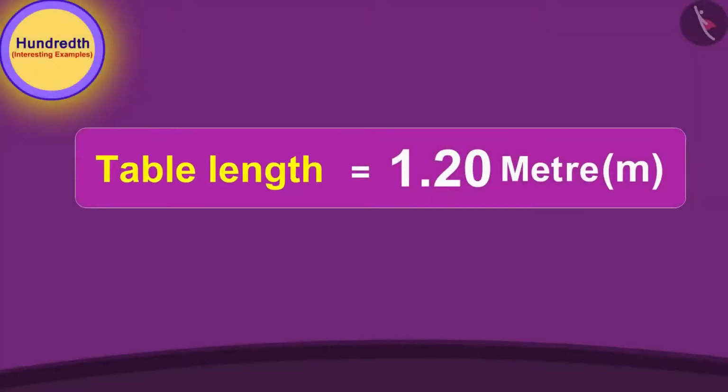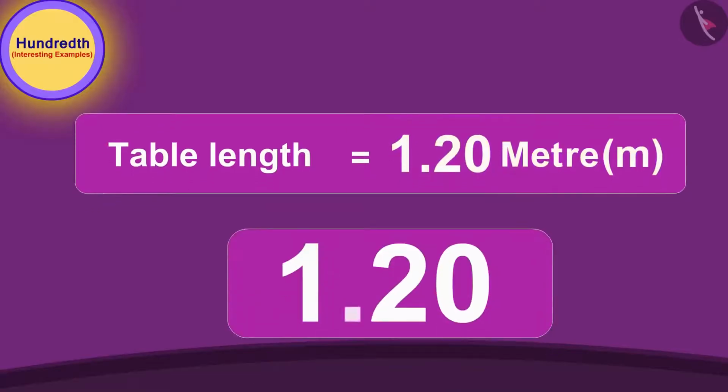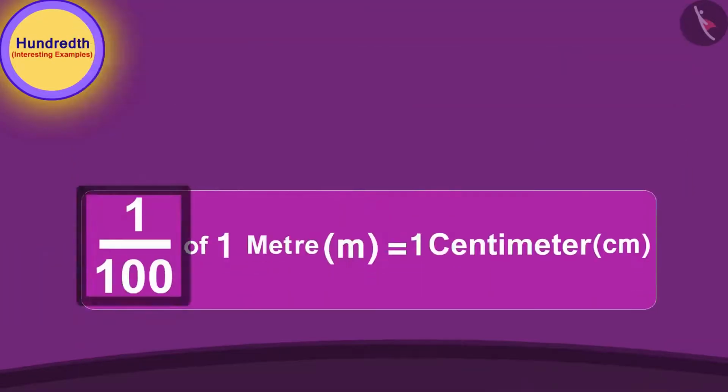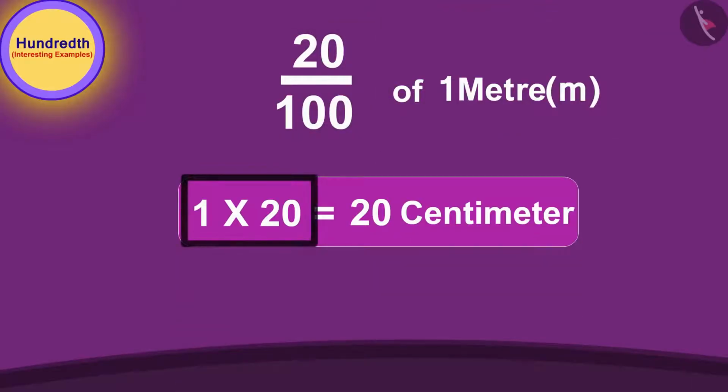The length of this table is 1.20 meters. 20 or 20/100th of a meter is written after the decimal, because 1/100th part of a meter is equal to 1 centimeter. 20/100th part of a meter will be equal to 1 into 20 or 20 centimeters.